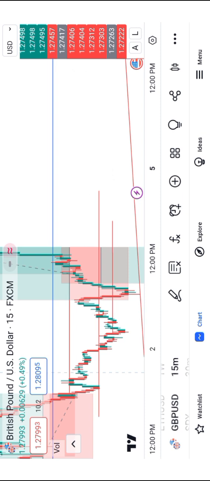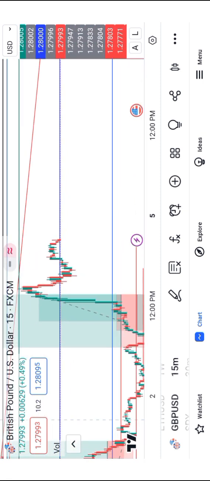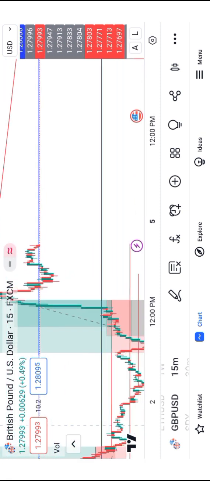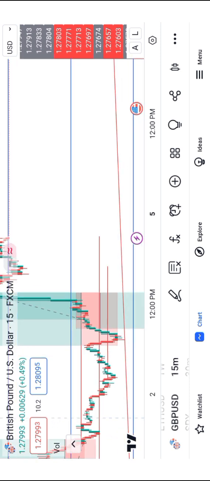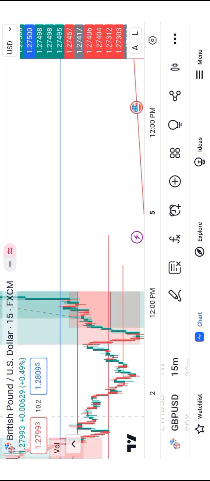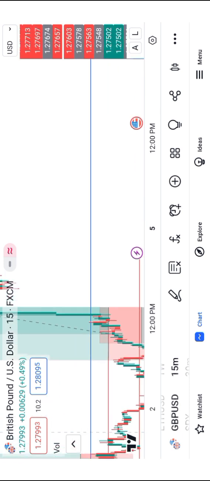You can see the first push, second push. It looks small, but these are actually impulsive moves. Then the aggressive one, you can see price creating a low, a high, a low, a high, a low again, then up to the upside.